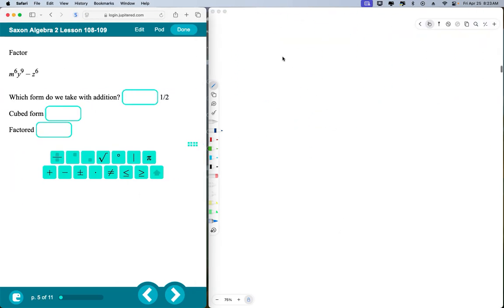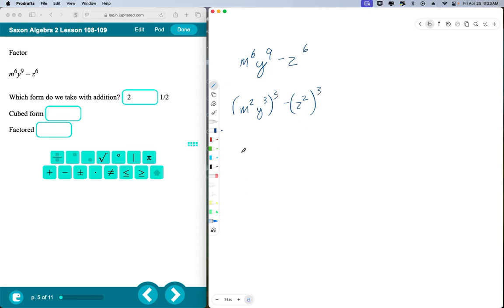We got one more. This one's not so bad. m^6y^9 minus z^6. Which form do we take with addition? We don't care because this is subtraction. I think I just copied and pasted that question, so I'll fix all of those. m^2, y to the third power, z^2 to the third power. All right, so it is form 2 because we got a minus sign.